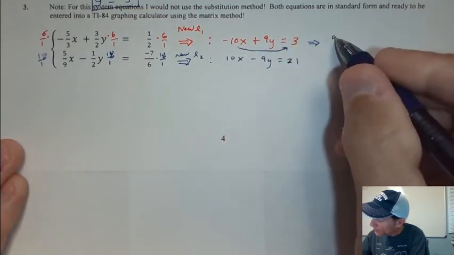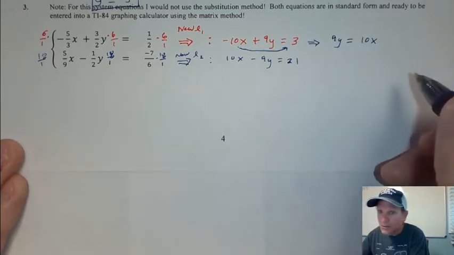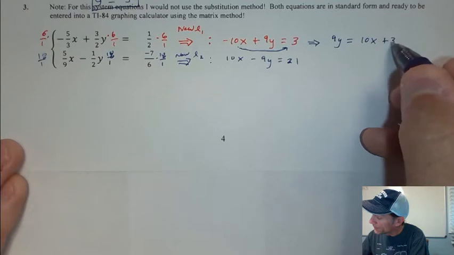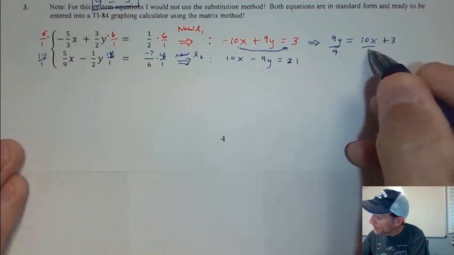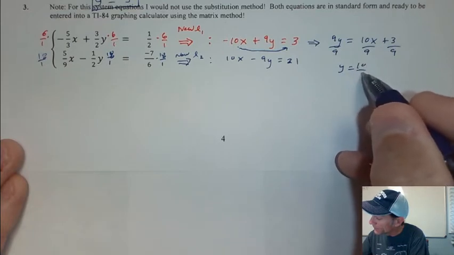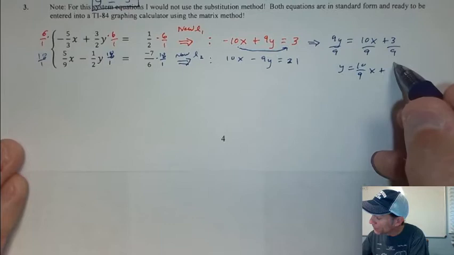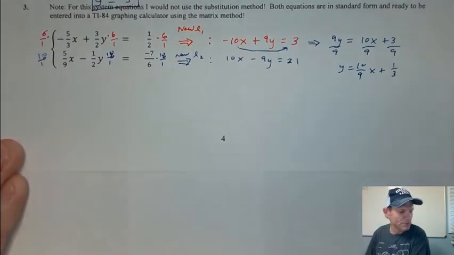So I have 9y equals 10x plus 3. And then I divide by 9. Okay, and you see I have a kind of a mess here. 10 ninths x plus 1/3, which isn't the most fun value to substitute into my other equation.